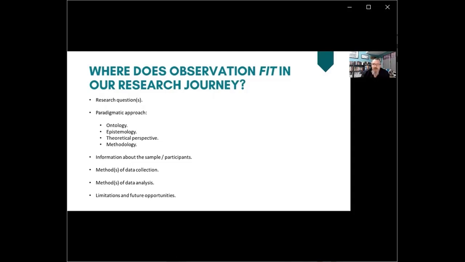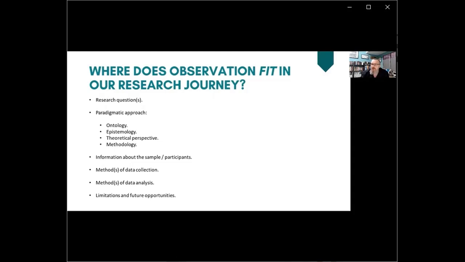We also fit observation into our information about the sample and the participants, not only how we obtain them, but how we describe them as well, and we'll talk about that.